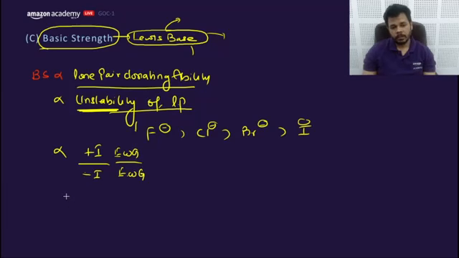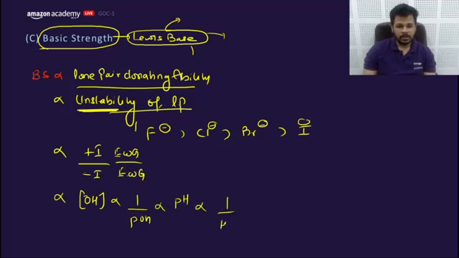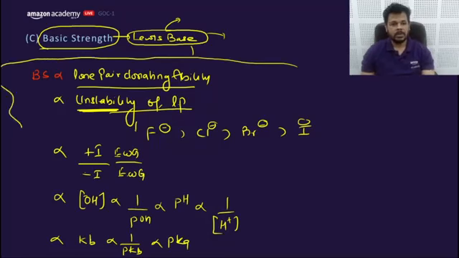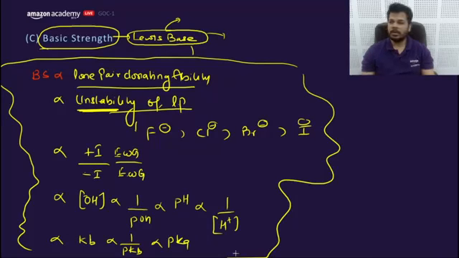Secondly, directly proportional to the concentration of OH minus, inversely proportional to pOH, directly proportional to pH, inversely proportional to what? H plus. Next, directly proportional to Kb, inversely proportional to pKb, directly proportional to pKa. So this is the concept map which can help you to answer all the questions.